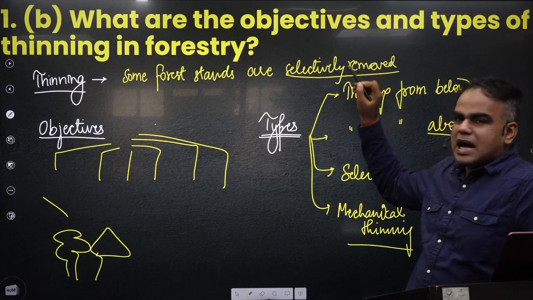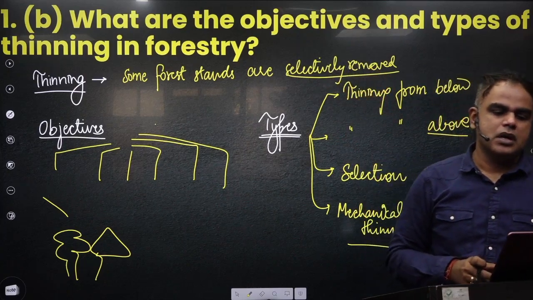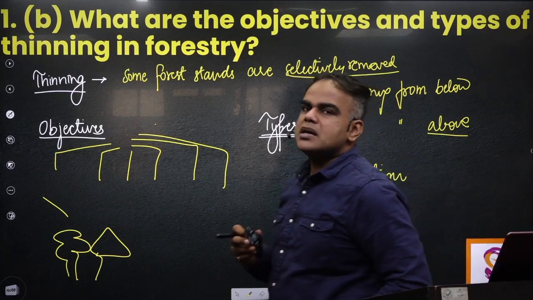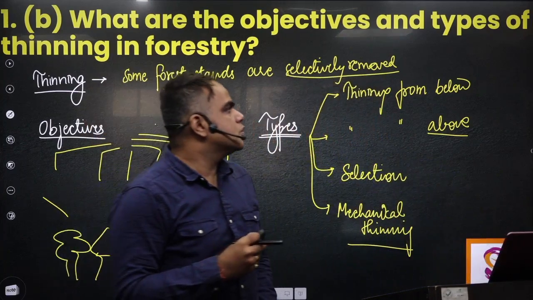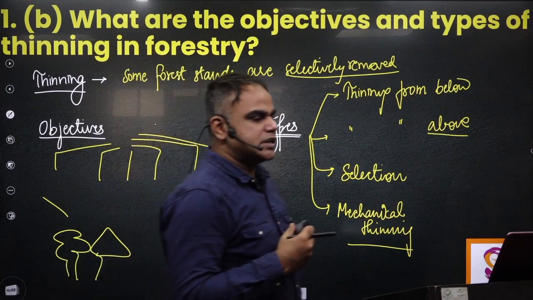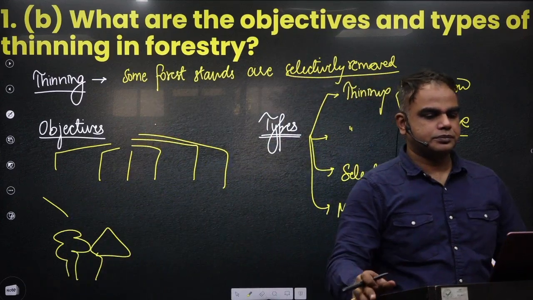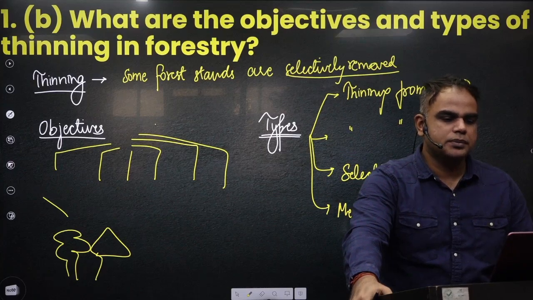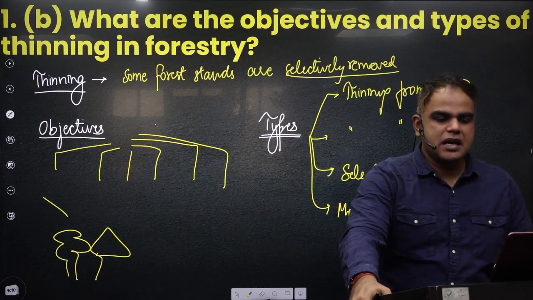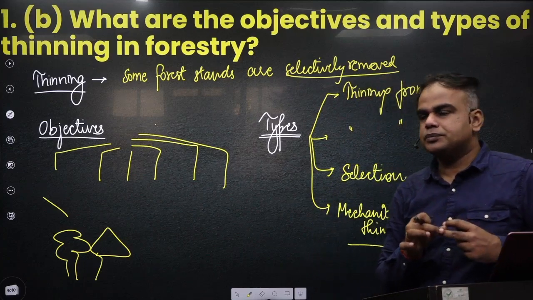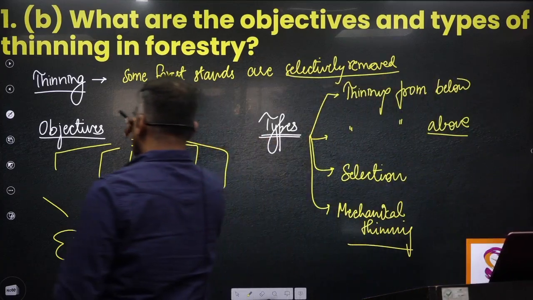This is important: are selectively removed to reduce competition among the remaining trees. Thinning helps to maintain productivity.